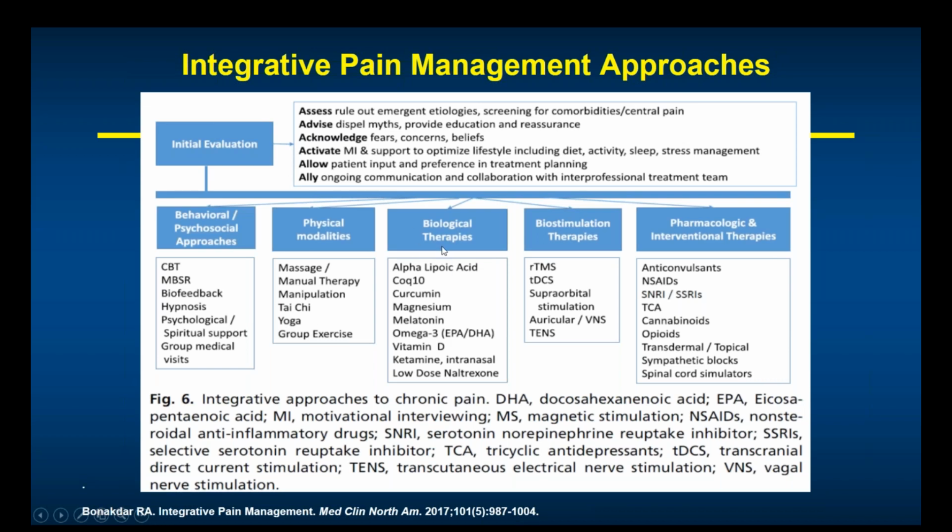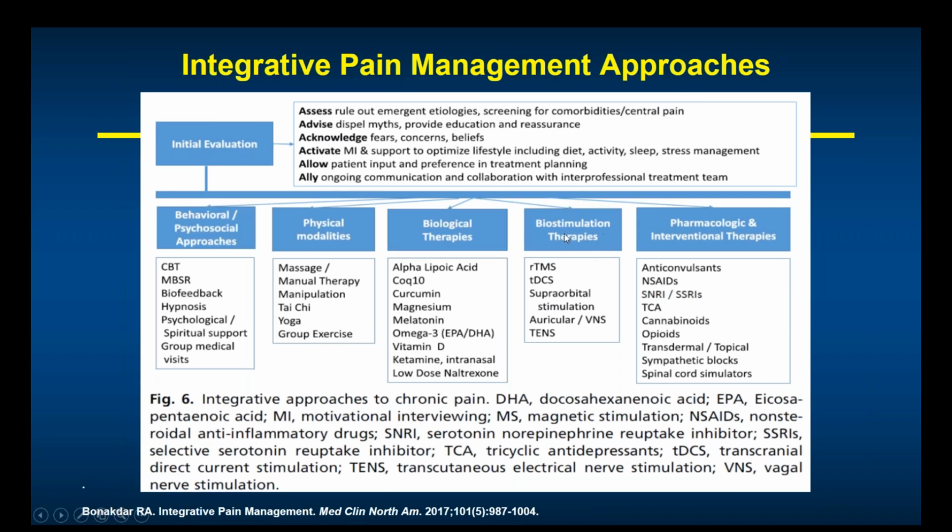Biologic therapies, many of these don't have significant or strong evidence for their use, but have been used with chronic pain. Certainly the strongest for an analgesic effect in terms of evidence is ketamine.